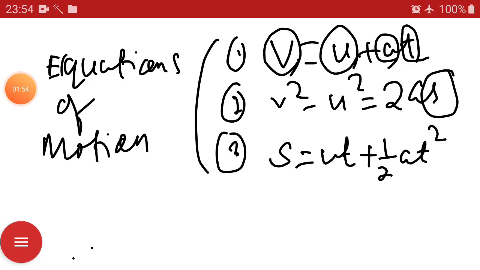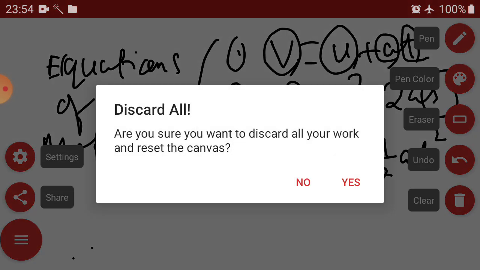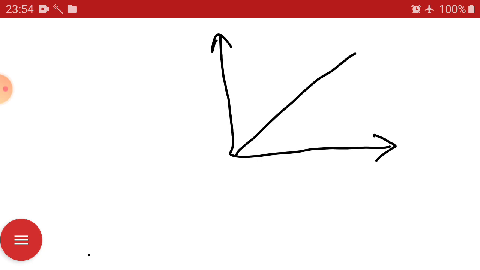So to derive this graphical method, we will use the concept that the area under velocity time graph gives you the displacement. What concept will we use? Area under velocity time graph. Suppose this is a velocity time graph.